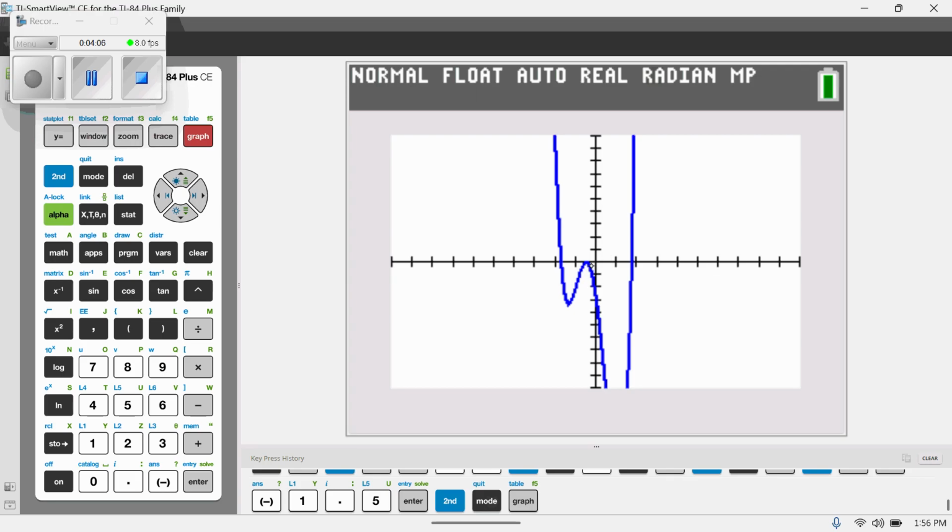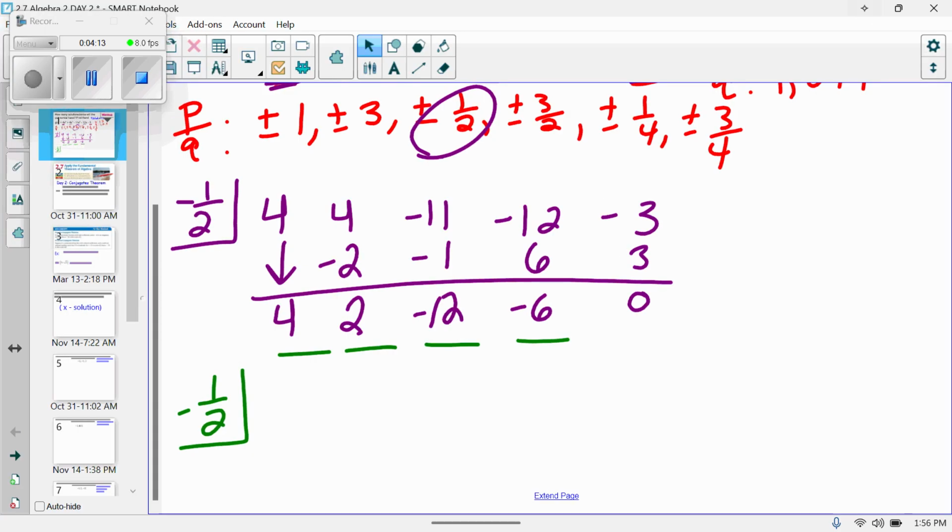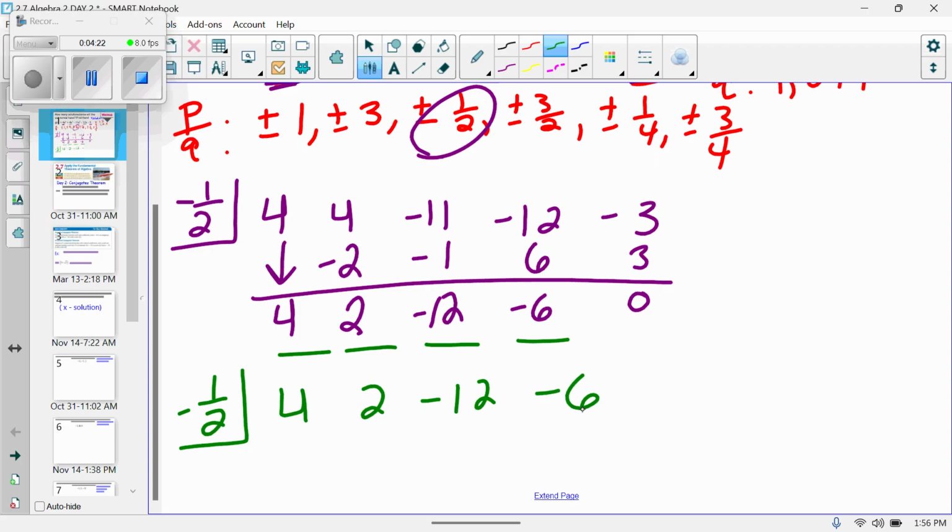It doesn't actually go through it. So whenever that happens, it's going to be what I call a double zero. Negative 1/2 is going to give you 0 again if you take these coefficients that we're left with and do synthetic division again. I want you to do that, and then see if you remember how to keep going and finish it.